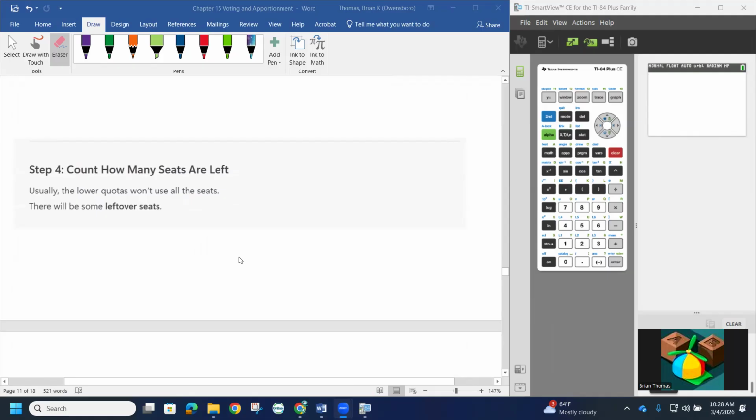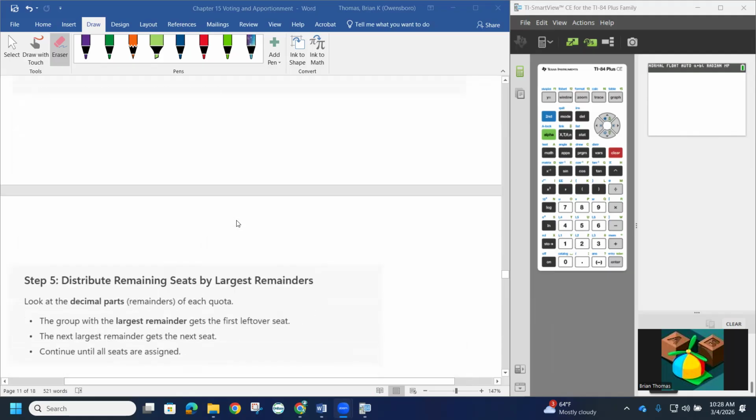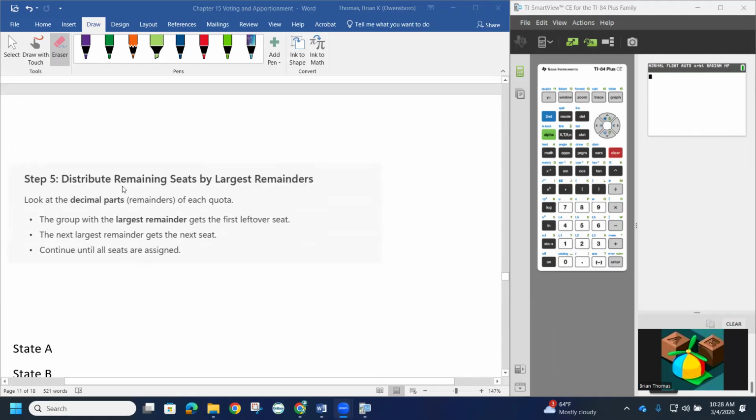Then in step 4, we determine how many seats are left over. There usually are some. We distribute the remaining seats by the largest remainders. Based on the largest remainder, the highest remainder gets the first available seat, and we just keep working on from there.